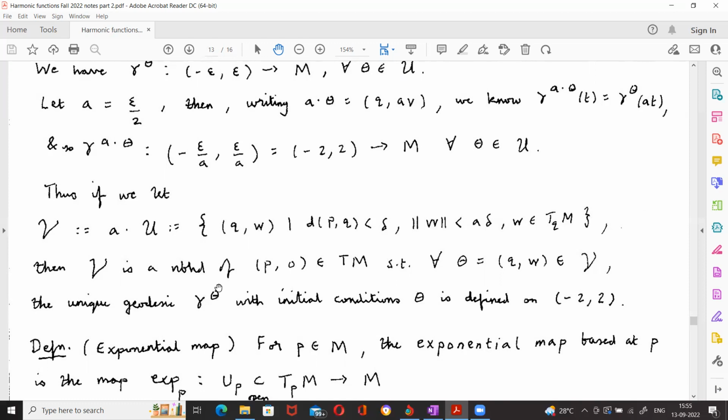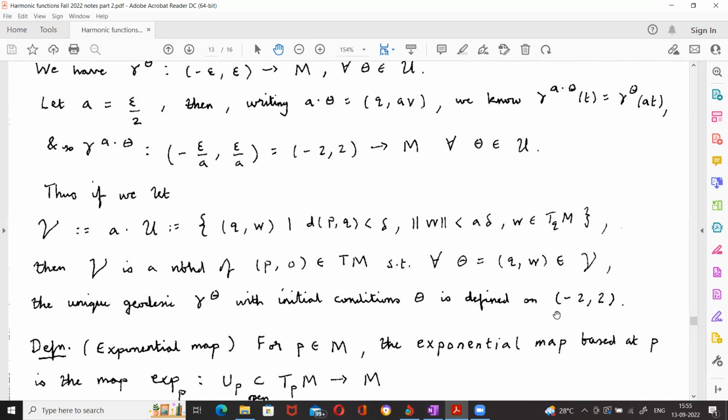Then this V is a neighborhood of the point p comma 0 in the tangent bundle, such that for all theta equal to q comma w in V, the unique geodesic gamma theta with initial conditions theta is defined on the interval minus 2 to 2. Is this okay? Yes, sir.